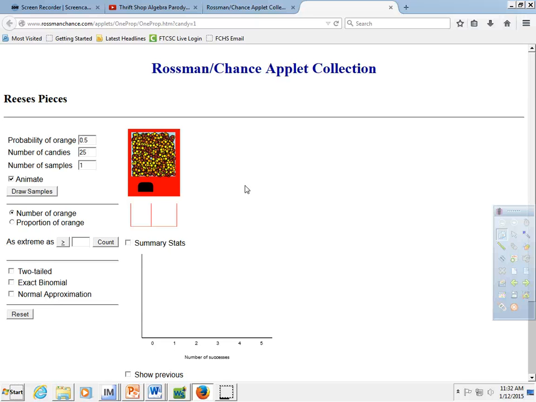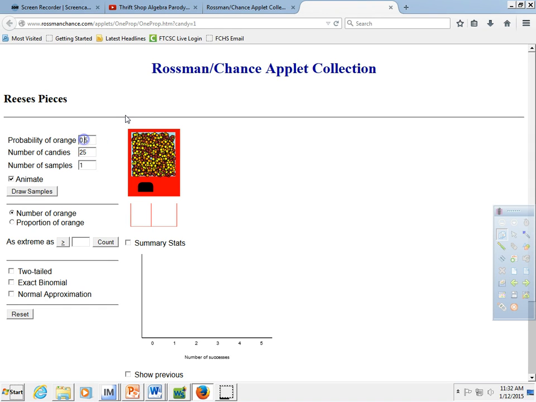Here there is this applet that contains an animation that has a population of Reese's Pieces with a given proportion of orange candies, and so we'll do this based on orange candies. We'll take a sample from the population, and then start creating a sampling distribution of the proportion of orange candies in that sample.